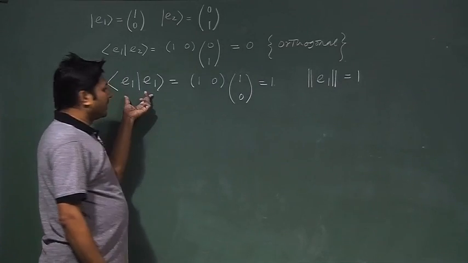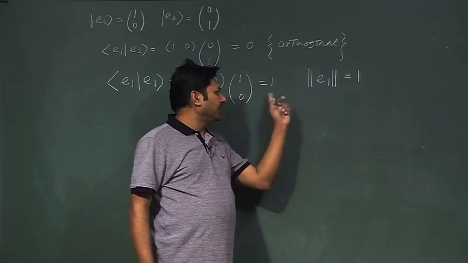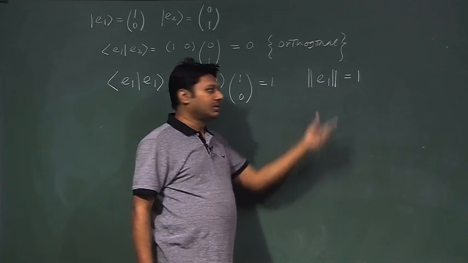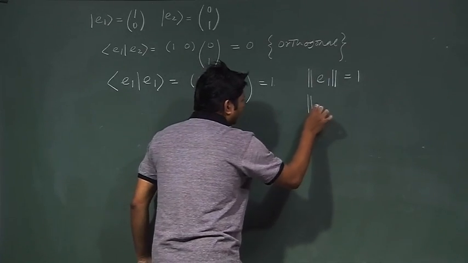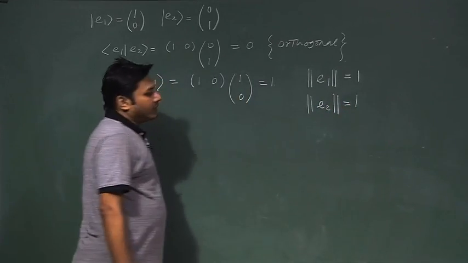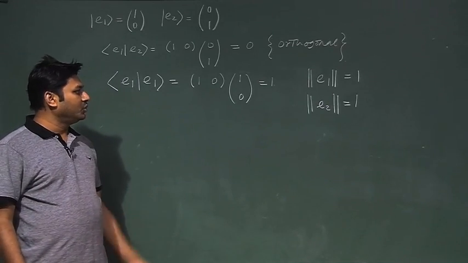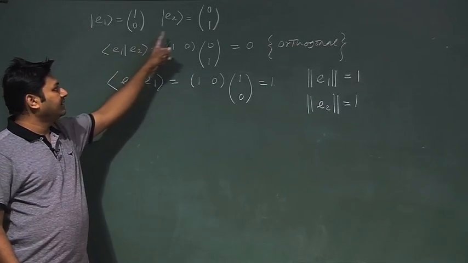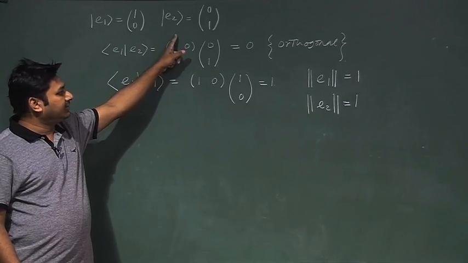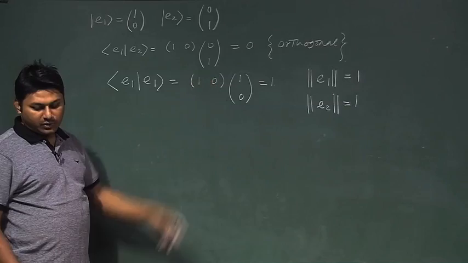Norm is the root of this quantity. This is 1, so if I take the root, it is 1. In a similar way, you can show that the norm of E2 is 1. So I should say that whenever I take the natural basis, it follows the orthonormal property straightaway.